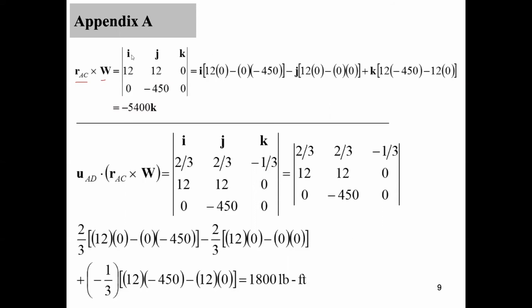First, write I, J, K. This is our first row. The second row is the components of vector RAC. We have 12 in I, 12 in J, and 0 in K. The third row is the components of vector W. We have 0 in I, negative 450 in J, and 0 in K.